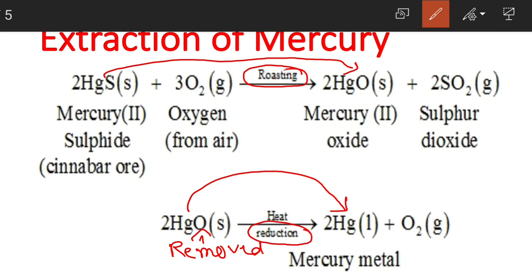Please bear in mind, to reduce this we have to heat HgO and we get the metal Hg, which is liquid. That's why the physical state is written as L. So this is the extraction process for mercury. If it comes in the exam, you have to write these two reactions and balance them also.